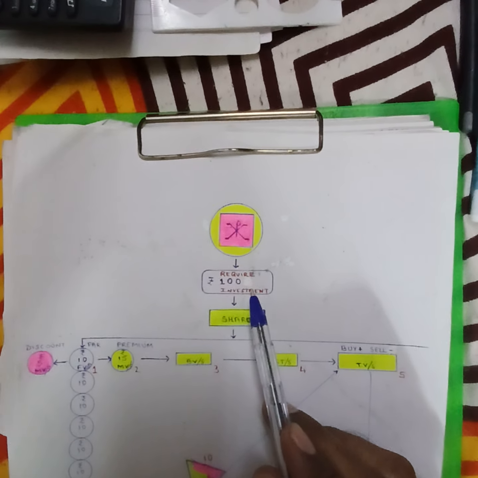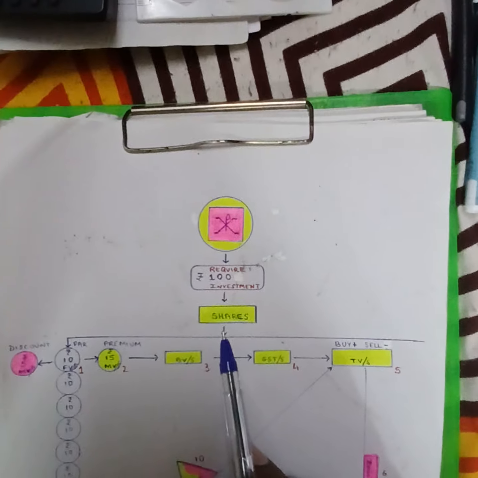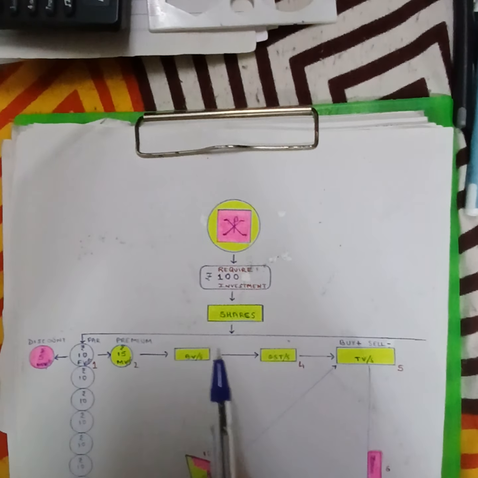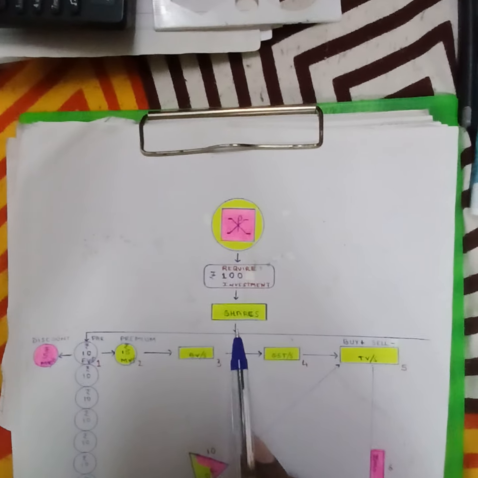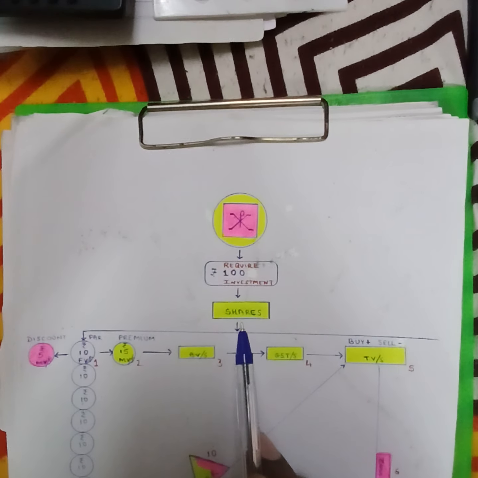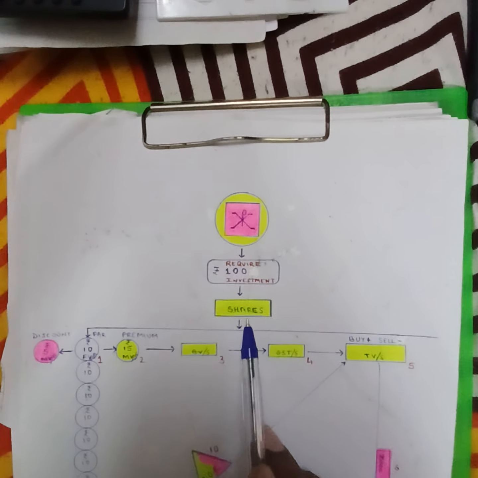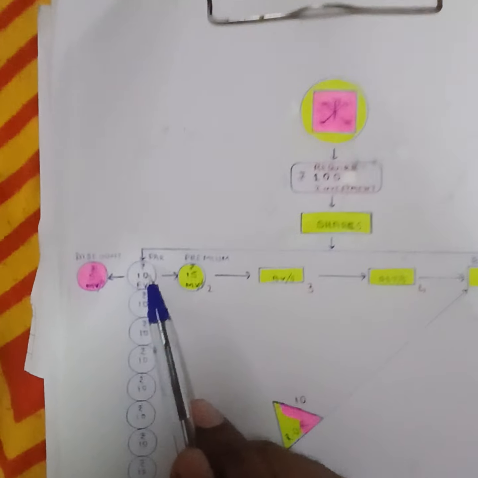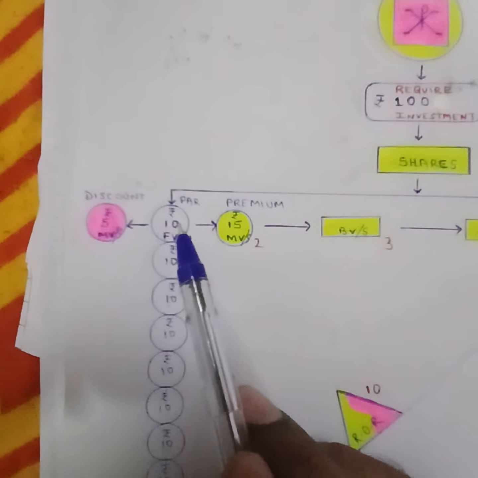The company issues shares, and there are different types of shares. So here we are going to study the basic part. Now shares, when they are being issued, the face value for each share will be considered as ₹10 or 100.